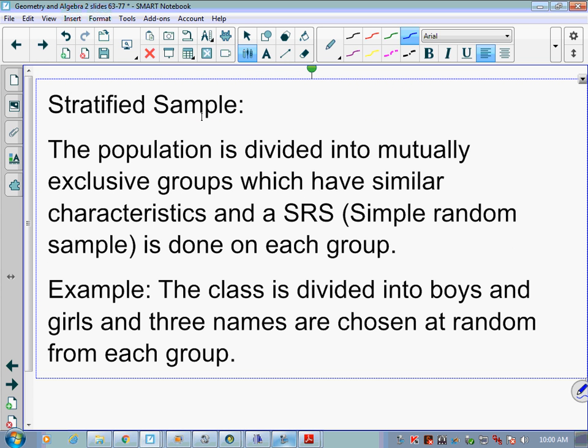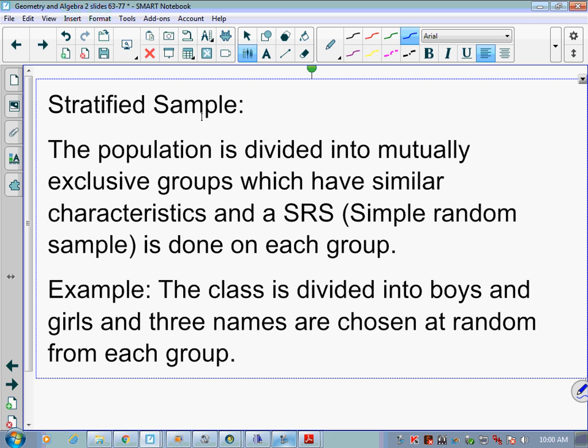Stratified sample. The population is divided into mutually exclusive groups, which have similar characteristics, and a simple random sample is done on each group. If I want to know something about the entire high school, I could take my freshmen, my sophomores, my juniors, my seniors, and break them up separately.